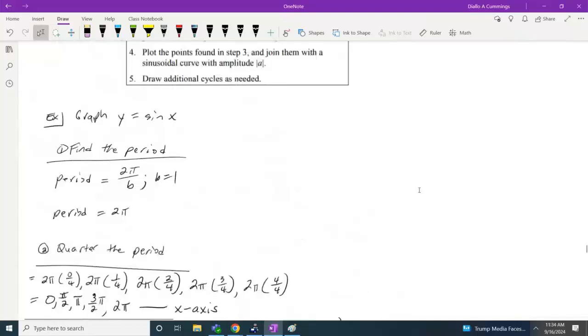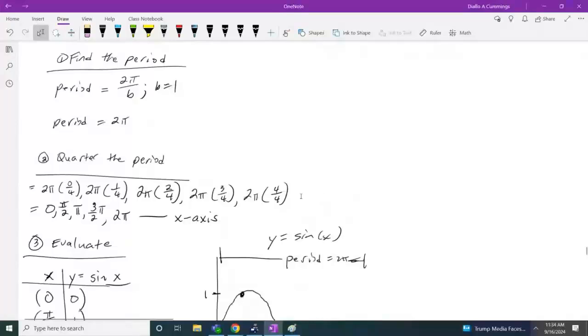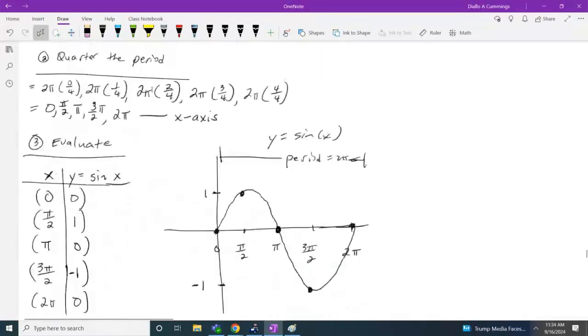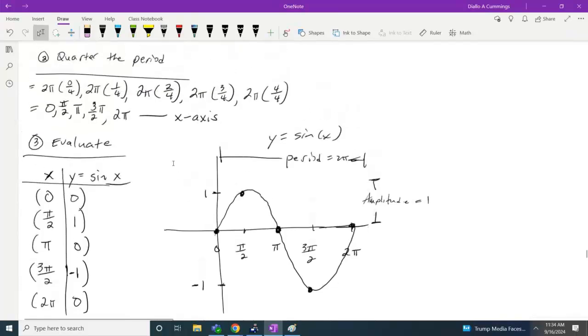Or I can use the formula that says the amplitude is going to be the absolute value of A. So notice that in this particular case, A is understood to be 1. Right? So my amplitude is 1. So it's like you take the maximum distance from the very top and the very bottom, and then you cut it in half. Right? So I can get 1 that way, or I can use the fact that it's the absolute value of A.